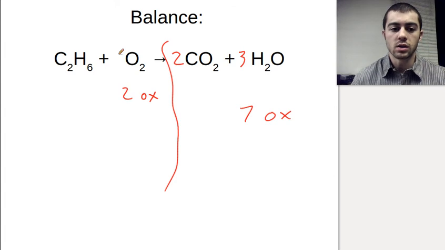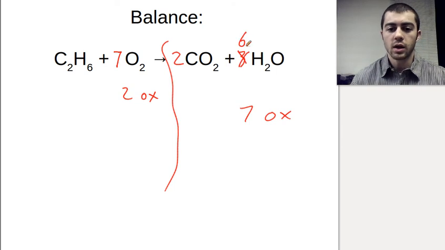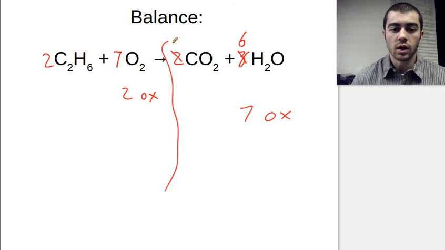That means we can multiply this by 7 and then this by 2, so 3 times 2 would give us 6. And now we have 6 oxygens plus 4 oxygens would give us 10, and 14 oxygens on the left would give us 14. So basically we threw this out of balance now. What we could do to correct for that is add a 2 here and a 2 here.